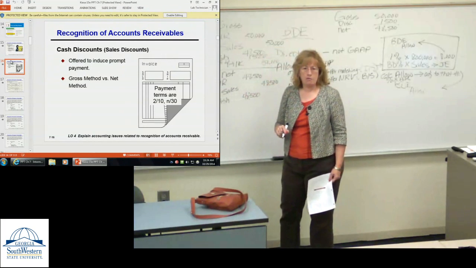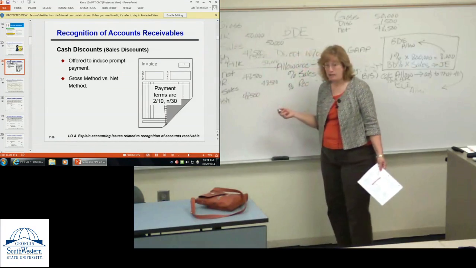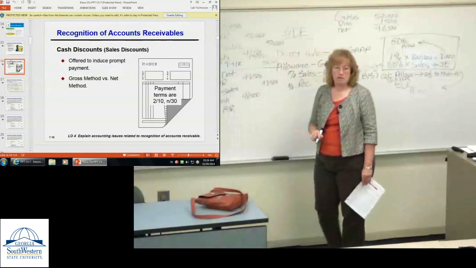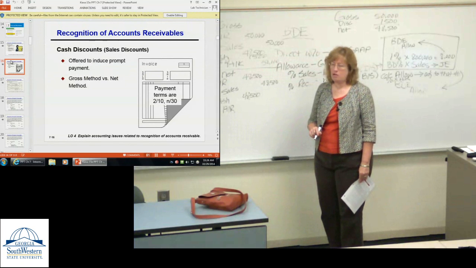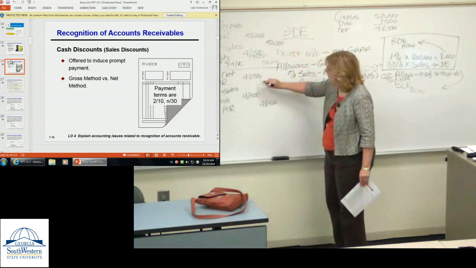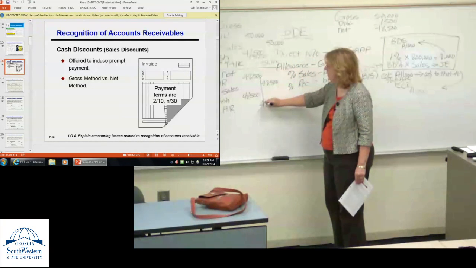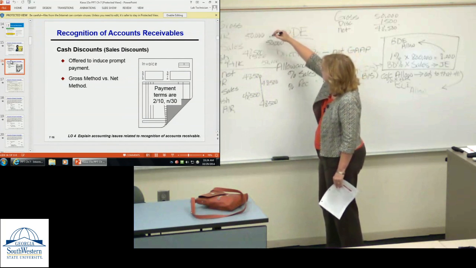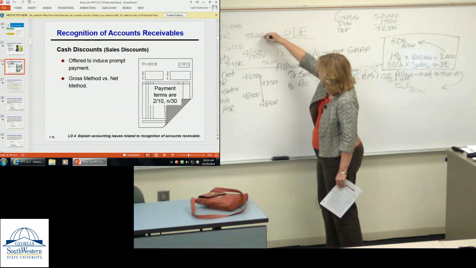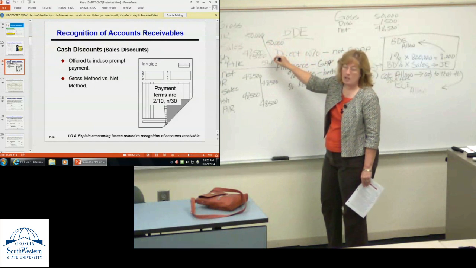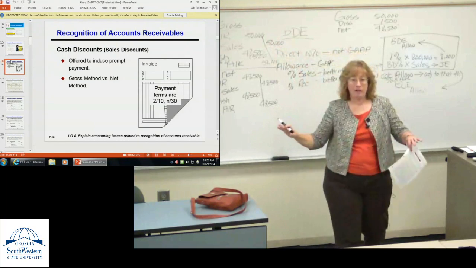What else do we do? When people normally pay, we credit accounts receivable. How much is our accounts receivable? 48.5. Okay. Now, one important fact: we established this accounts receivable by debiting it here, and we credit it here for the same amount, because we want to wipe out our accounts receivable.